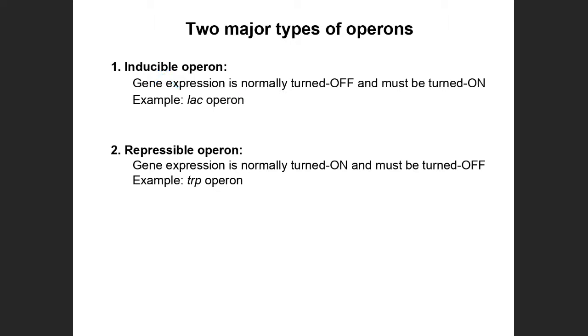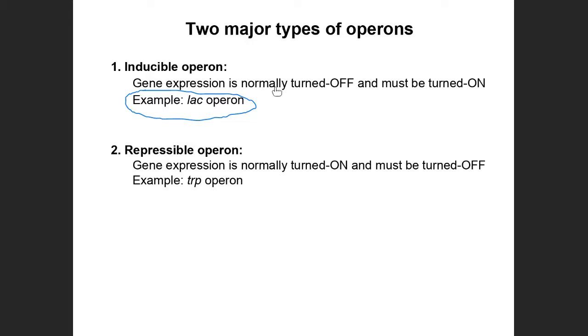But the reason why they call these inducible operons is because something has to occur to where gene expression is induced to turn on. A specific example of an inducible operon that we're going to go over is called the Lac Operon.